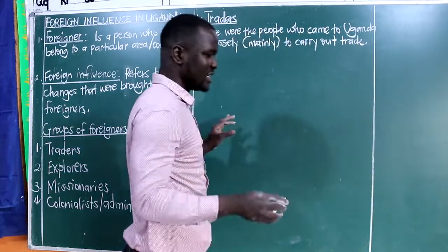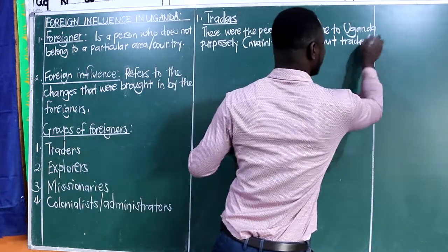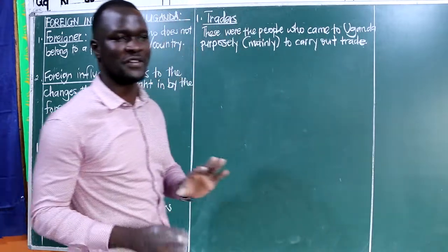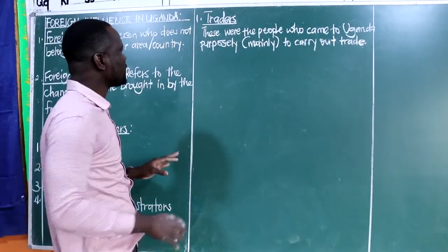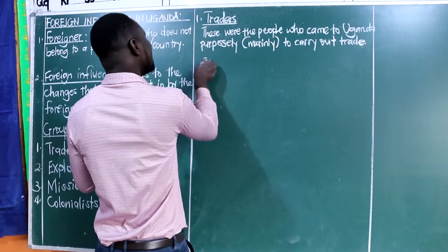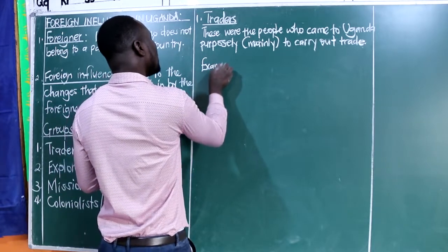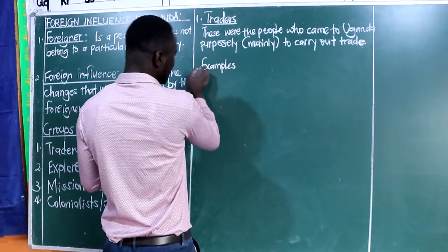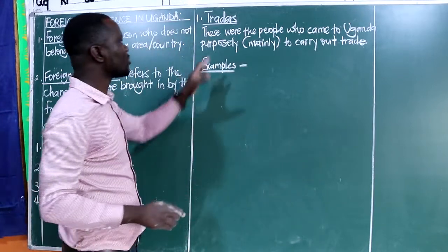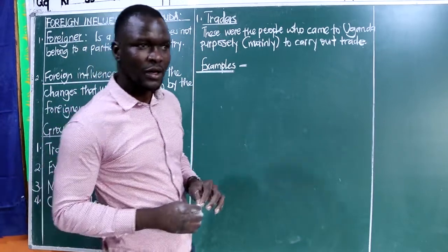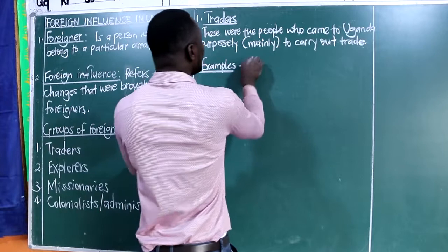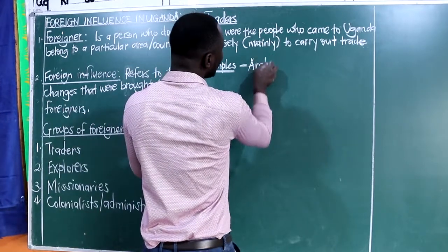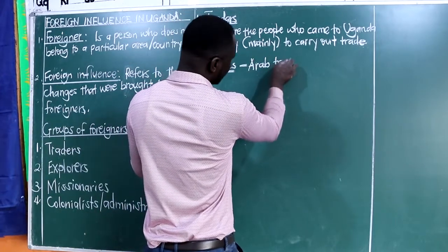That is what we need to begin understanding in this subtopic of traders. Now, if we are asked, we should also be able to note that these people were in different groups of traders. In that, we shall be able to note that we had what we call the Arab traders.